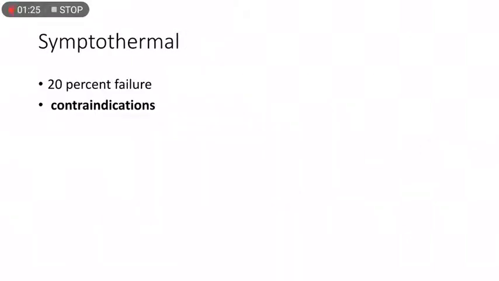The symptothermal method cannot be used in an irregular menstrual cycle, just like the rhythm method. And second, we are not supposed to use it when the person is on other forms of medication like oral contraceptive pills, because that will regularize the cycle, but it's just a contraindication. Third is old age.